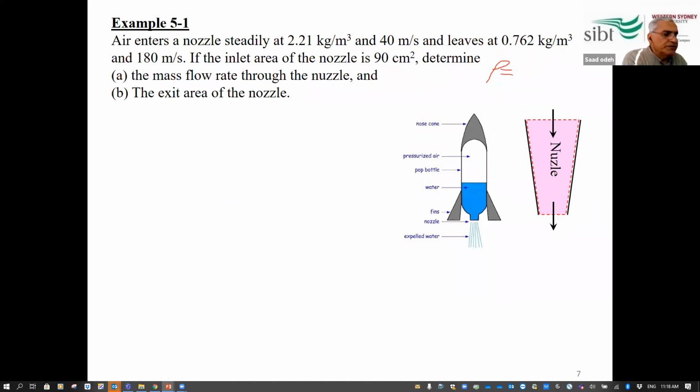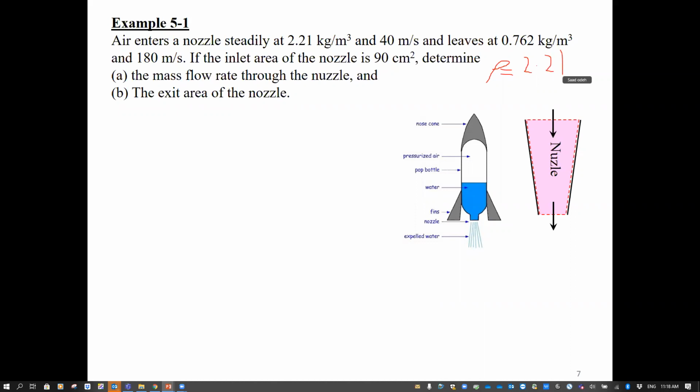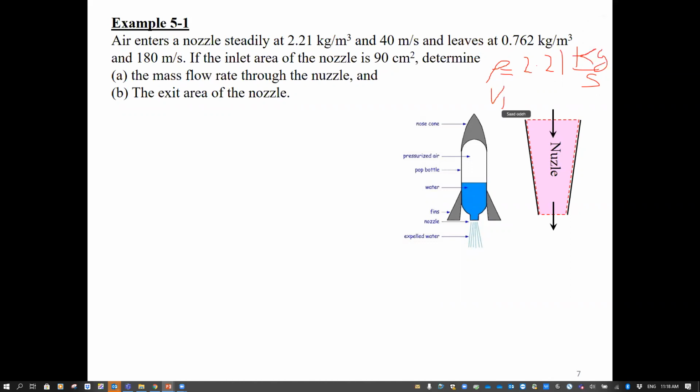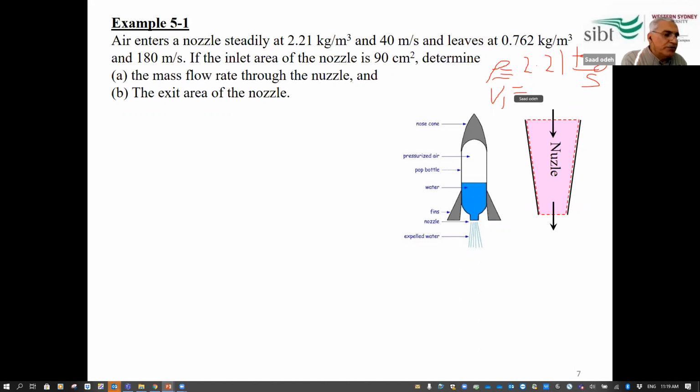So 2.21 kilogram per cubic meter, correct. And we also have the velocity V1 given here. So V1 is 40 meter per second.